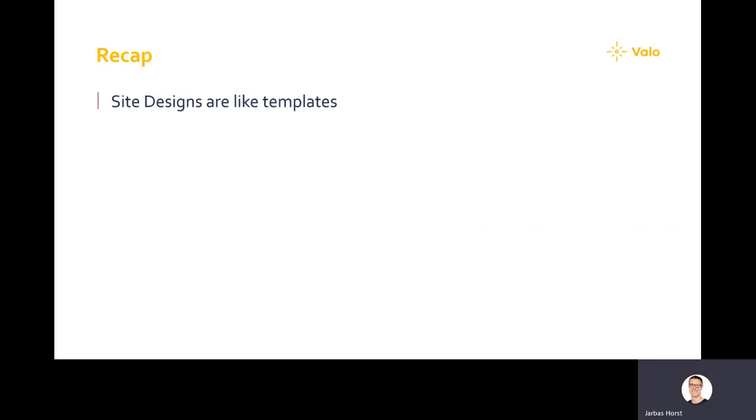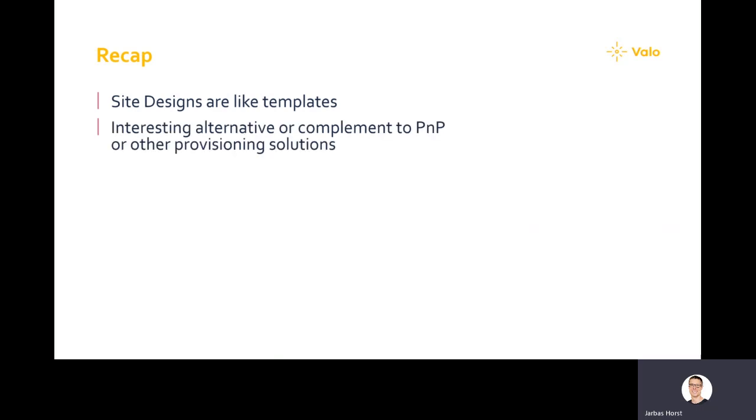Now, site designs are like templates. I can create it once and reuse it as much as I want. It's an interesting alternative or complement to PnP or other provisioning solutions. For instance, I could create a site design.